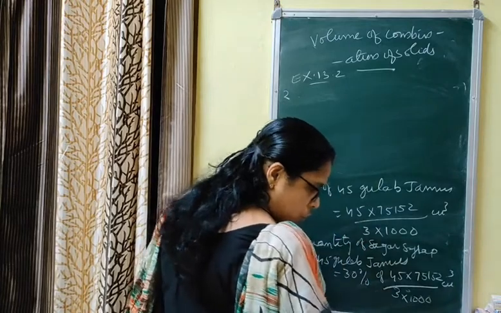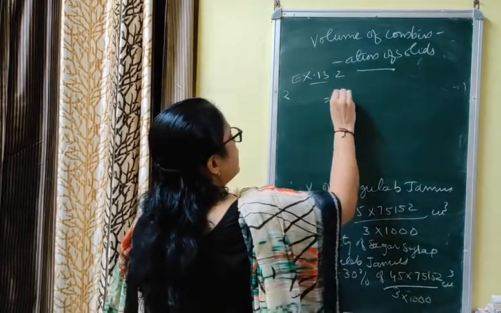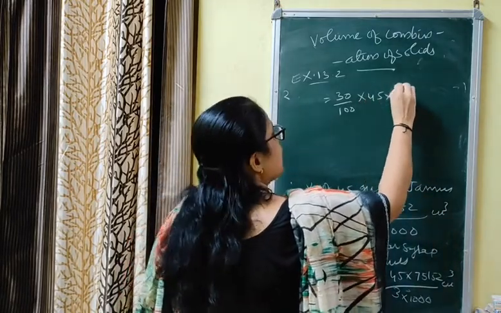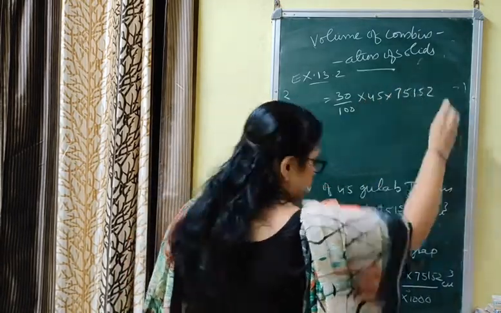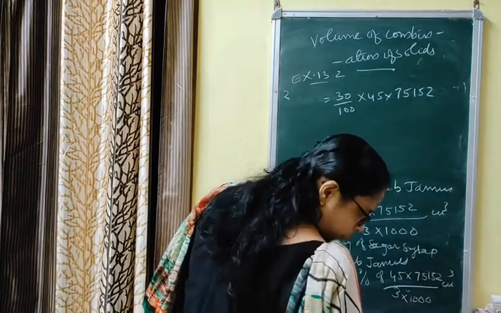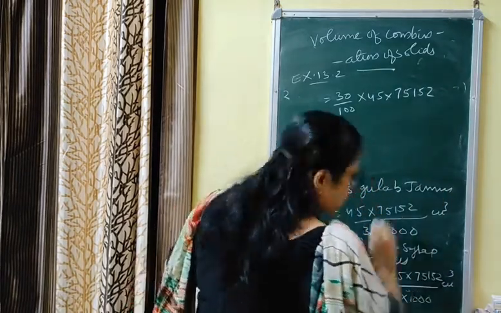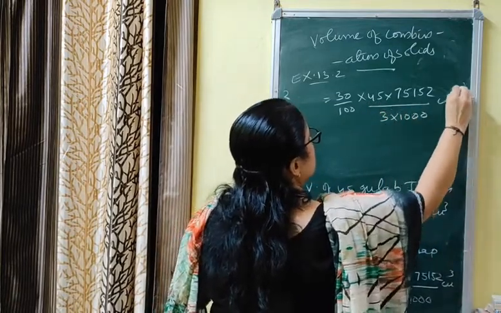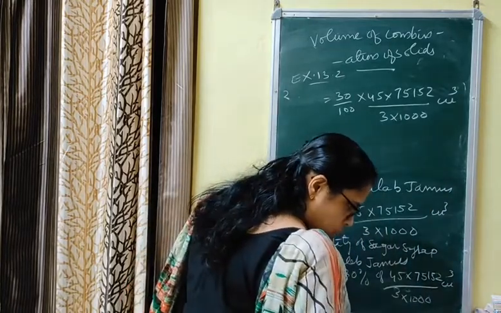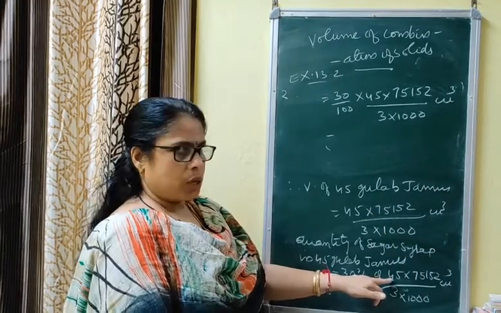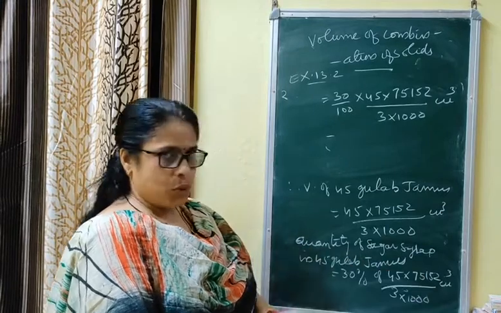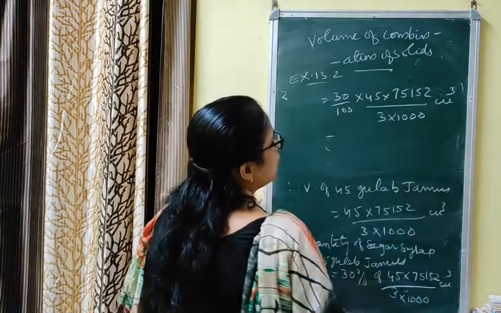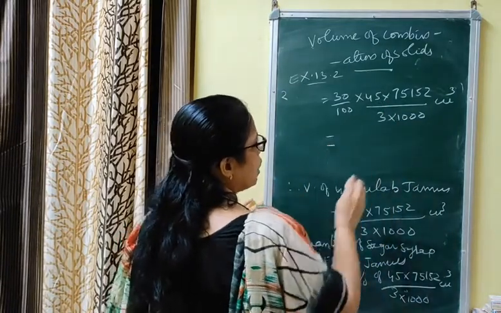Otherwise you will make mistakes. That means 30 upon 100 into 45 into 75152 upon 3 into 1000 cm cube.